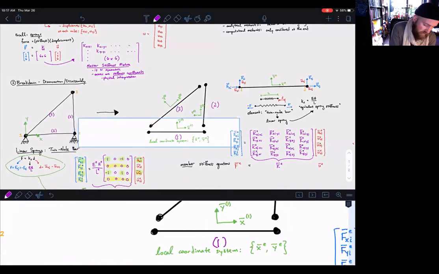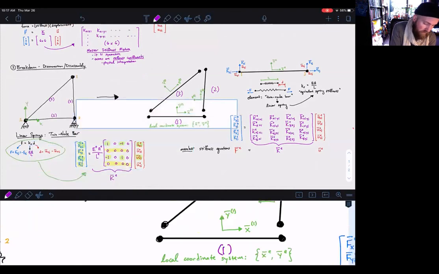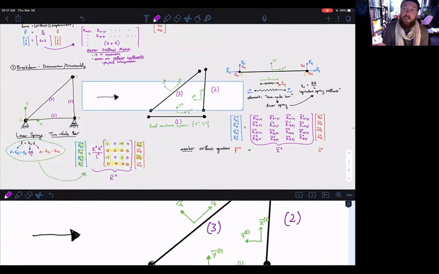This equation, as written, is true for every element here. So we're done. This is true for every 2-node bar. You can write down the stiffness matrix of a generic element in its local coordinate system, and that'll apply for every member of the structure.